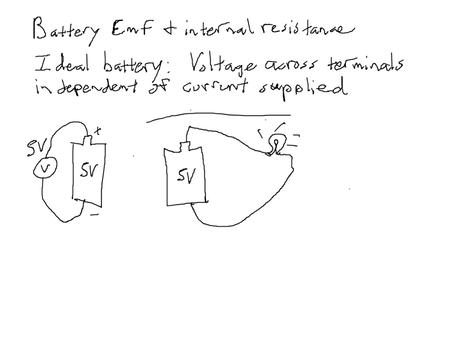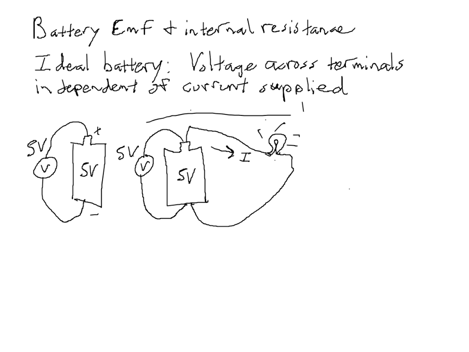So now there's current flowing from the battery through the circuit. And now I'm going to hook up a voltmeter and measure the voltage difference between the positive and negative terminals of this battery. And if it's an ideal battery, I'm still going to get 5 volts.